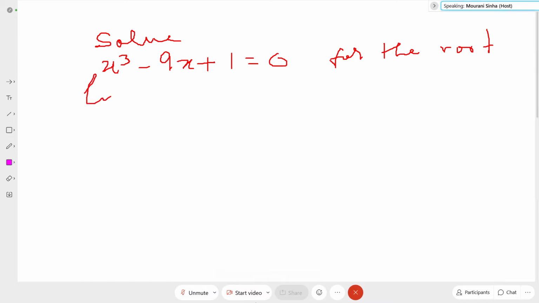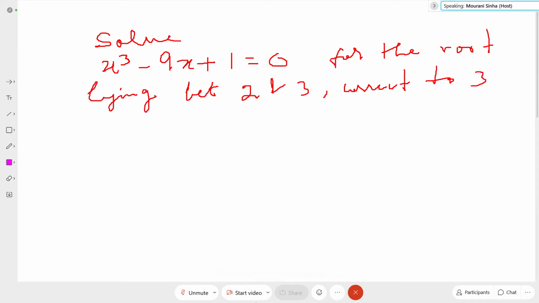So it is given that the root lies between 2 and 3, correct to 3 significant figures.